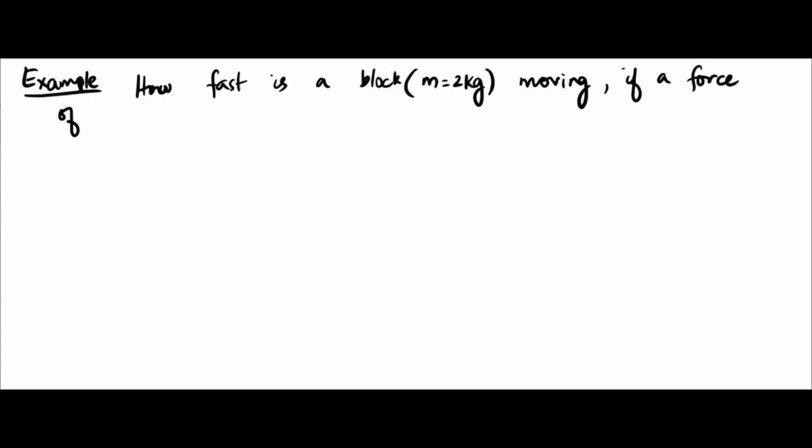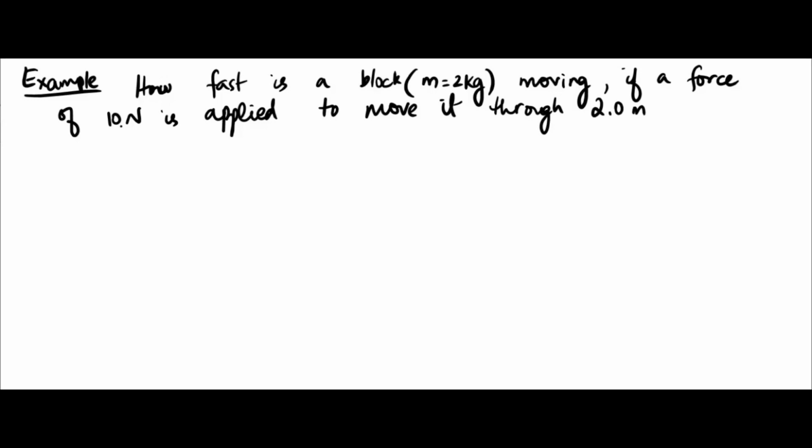Let's say the force applied is 10 newtons to move it through a displacement of 2 meters, and let's consider that the block is initially at rest, or not moving.